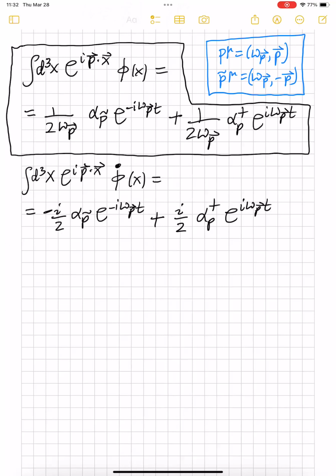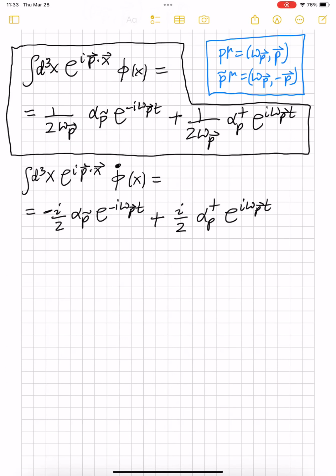And the good news is now we have got one equation for alpha p tilde and alpha p dagger, a second equation for alpha p tilde and alpha p dagger. So we can solve these two equations and get a formula for alpha p tilde and a formula for alpha p dagger. Now, notice something.